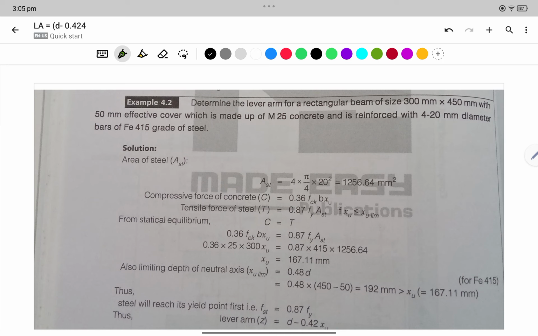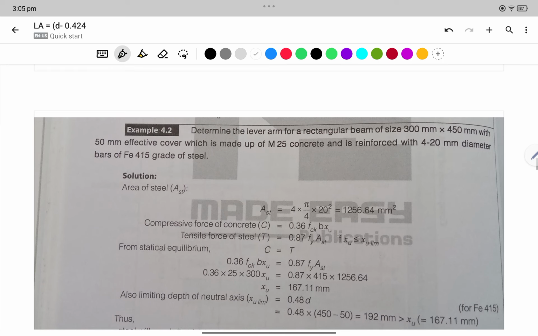Let's see what is given. Determine the lever arm. The lever arm formula is d minus 0.42 XU, for a rectangular beam. So we have to find the XU.